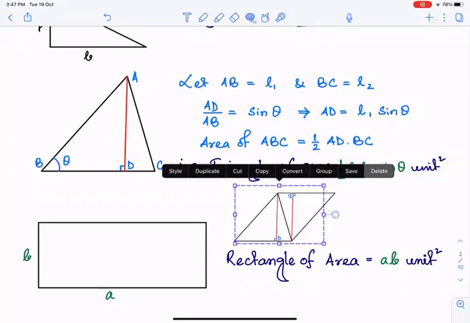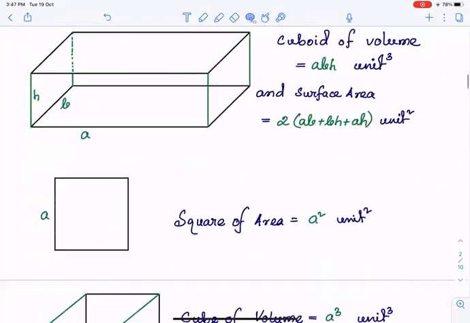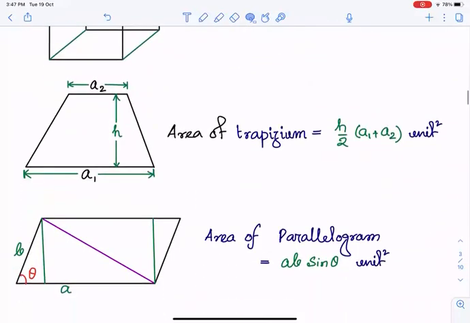So I'm removing this one. Now get back to this. Over here we can consider firstly the area of this triangle, that should be half AB sine theta, and even the triangle over here will also have the same area, and hence it will be half AB sine theta, adding which we get AB sine theta.